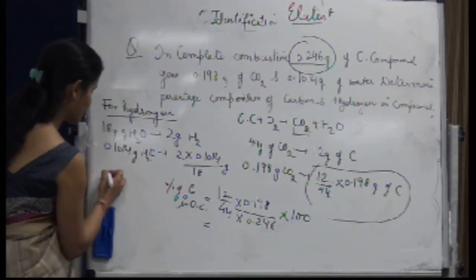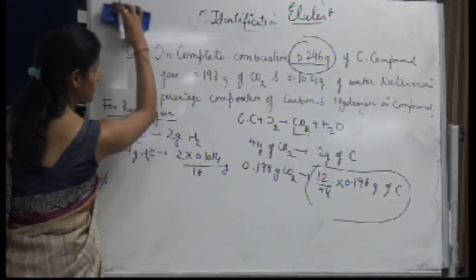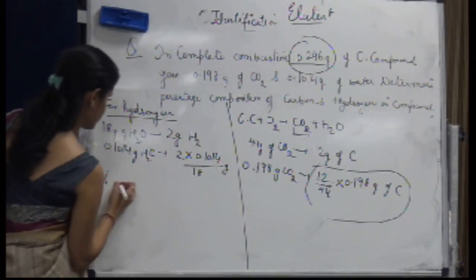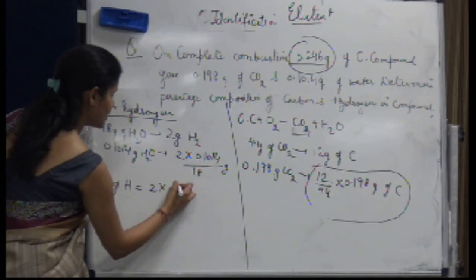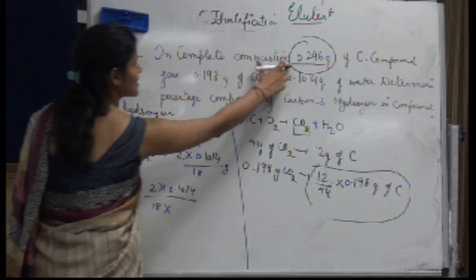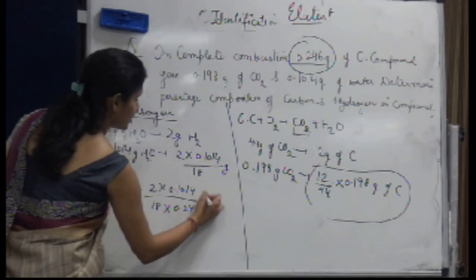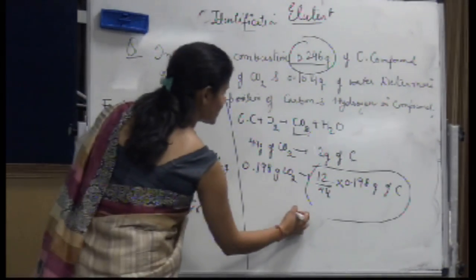If I want to find the percentage, it would be 2 into 0.1014 over 18 into the total mass 0.246, into 100. So tell me, what is the percentage?